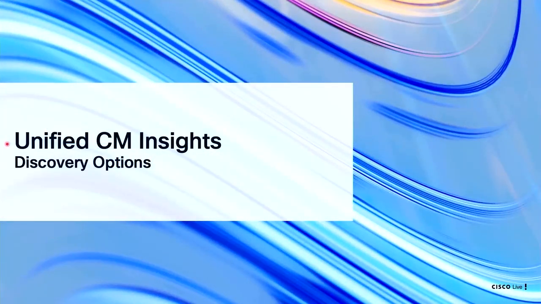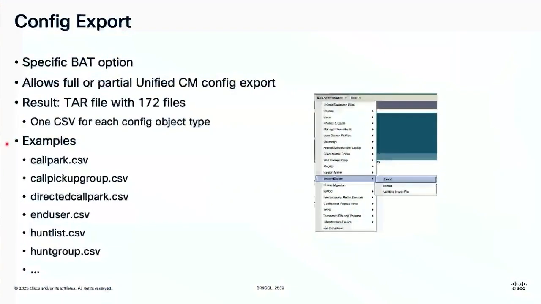For the insights and discovery options, we need to look at the various options we have to get data out of UCM. The first one is config export, right? There's a specific option in UCM, hopefully you've all seen this. In the bulk administration menu, there's this import/export option, and then you can do a config export. There you can select the tables that you want to get out of UCM.